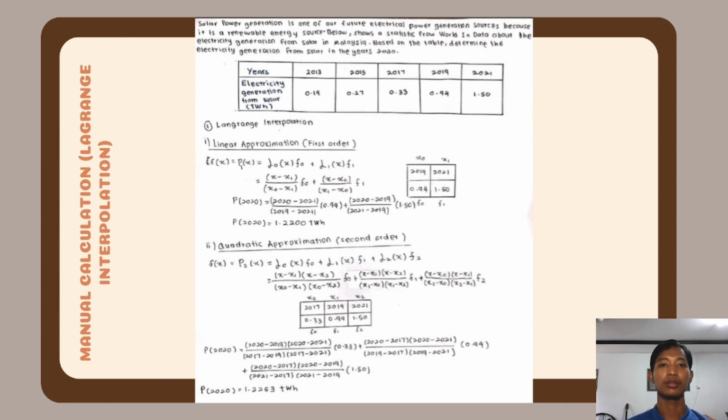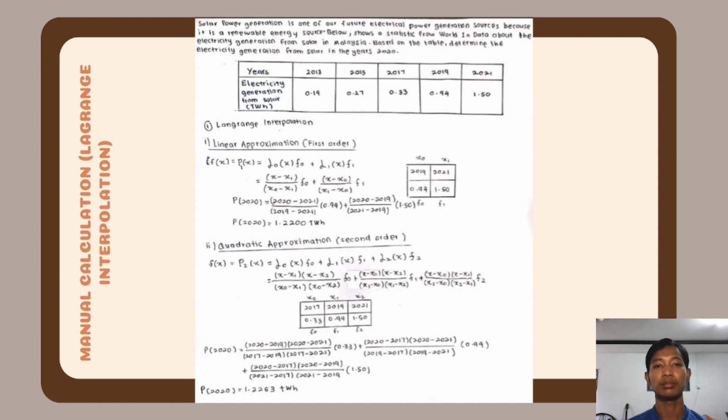Alright, first and foremost, let's see our chosen problem from the engineering industry. Solar panel generation is one of our future electrical power generation sources because it is a renewable energy source. Below shows statistics from Our World in Data about the electricity generation from solar in Malaysia.